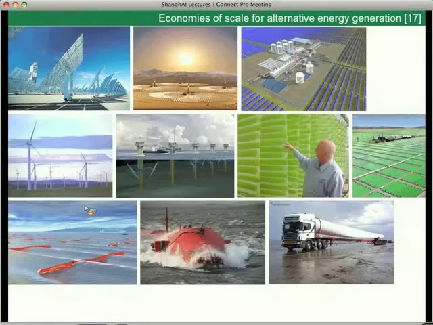So there's a lot of serious talk here in the United States about trying to develop robotic technology that would be able to simply take these devices like wind turbines and solar panels and deploy and install them over a very large area.